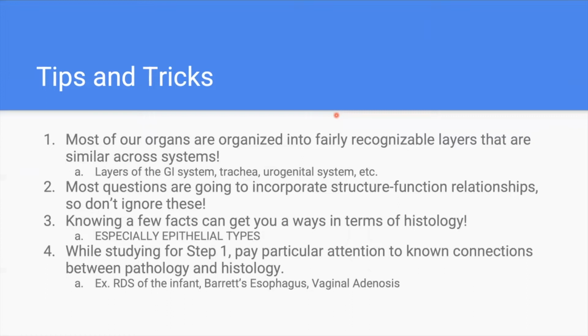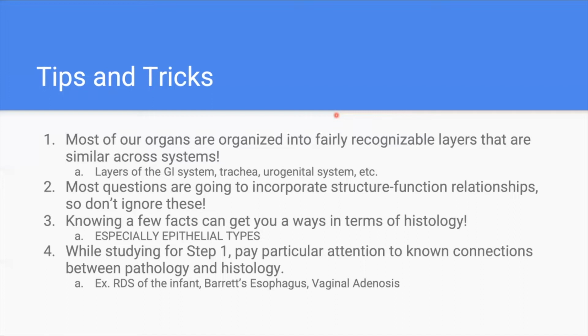And then second of all, as far as Step 1 is concerned, a lot of the questions regarding specifically normal histology are going to rely on those structure function relationships. So why is this epithelium present here? What do these types of cells do in this sort of circumstance or in this part of the body?